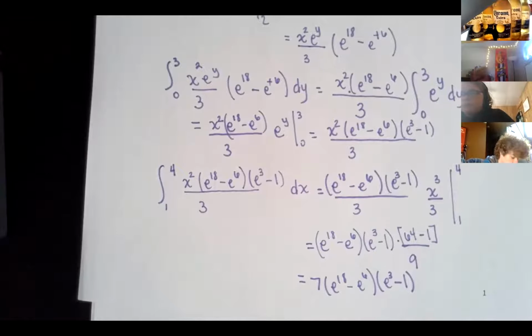Those numbers make sense? Can we simplify further by distributing the e to the 3 minus 1 over the e to the 18 and minus e to the 6? You could do that. Because you expand it out on all the e's.